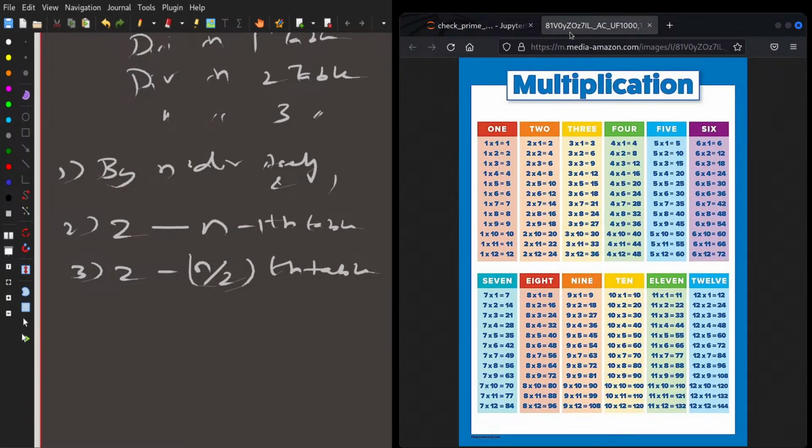The reason why we came up with that analysis: you understood, right? 6 means you can find the 6 in 3 into 2 itself, in the third table itself. Then why should you unwantedly check 4 and 5? Understood? If something is not prime, you can find it in this table itself, n by 2 itself.